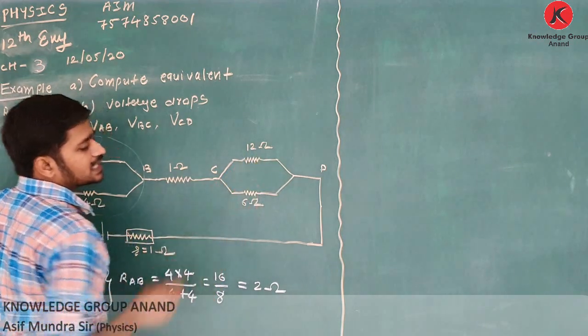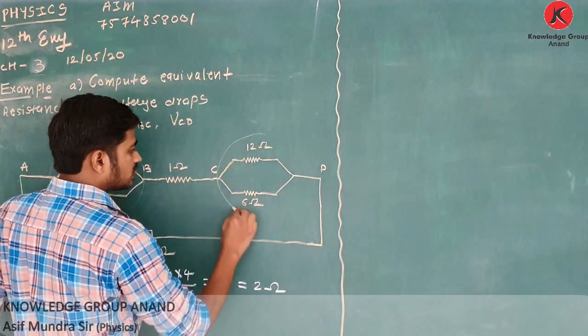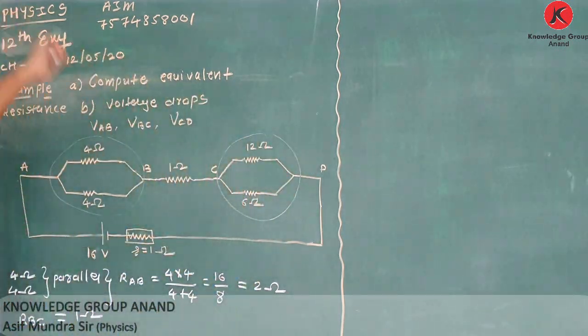Third one, between C and D. This 12 ohm resistor and 6 ohm resistor are in parallel connection. Then how to find their equivalent?